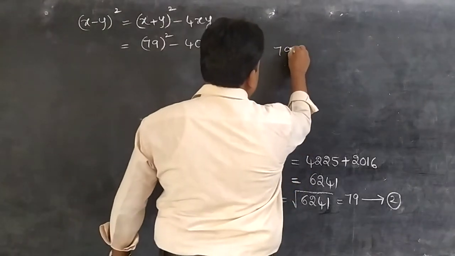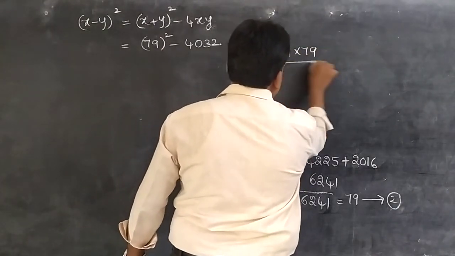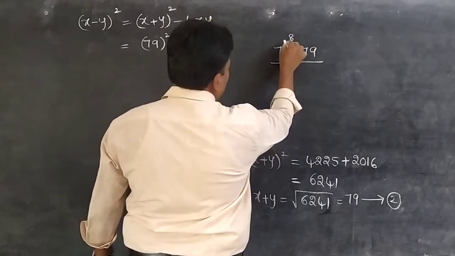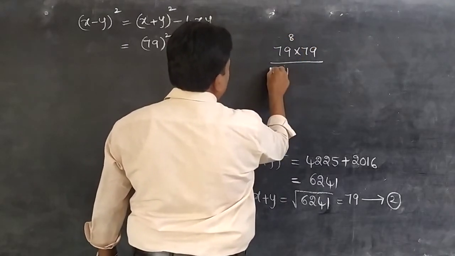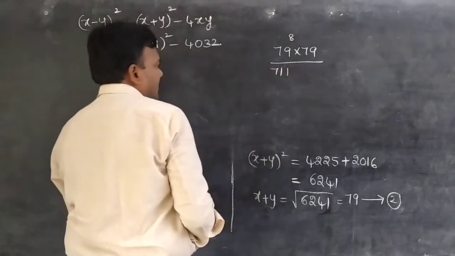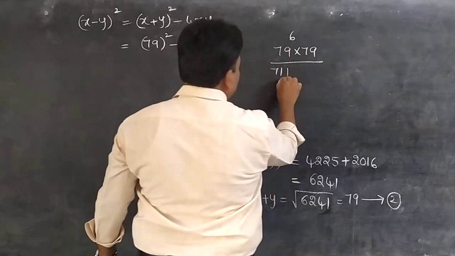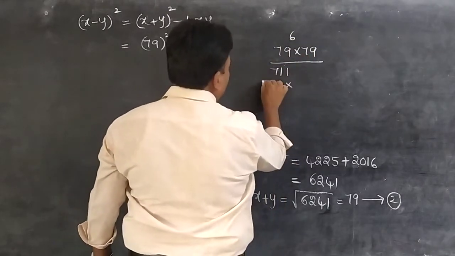So then 79 whole square value, students: 79 into 79. Observe carefully. 9 9s are 81, 63, 71. Next 7 9s are 63, 7 7s are 49, 55.